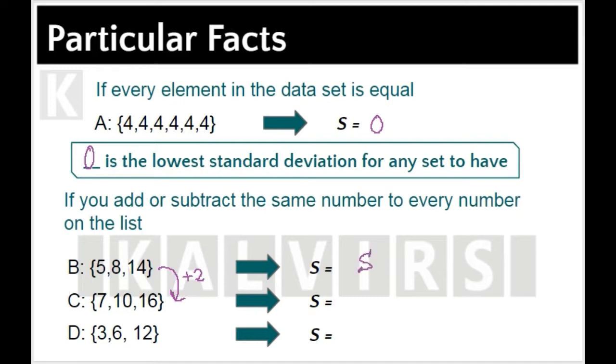However, the standard deviation is the same. It means the standard deviation of set C is the same as the standard deviation of set B. And here we have 5 minus 2, 8 minus 2, 14 minus 2. Therefore, the standard deviation of D is the same as the standard deviation of B as well.